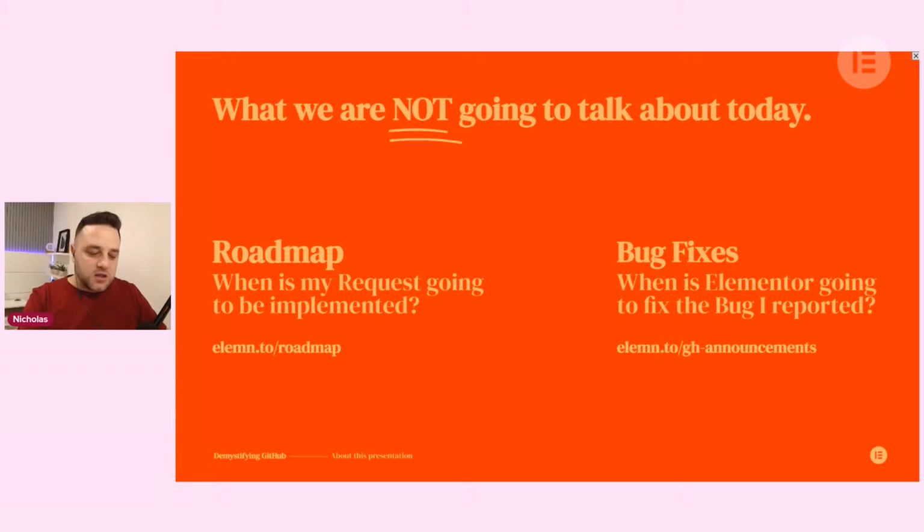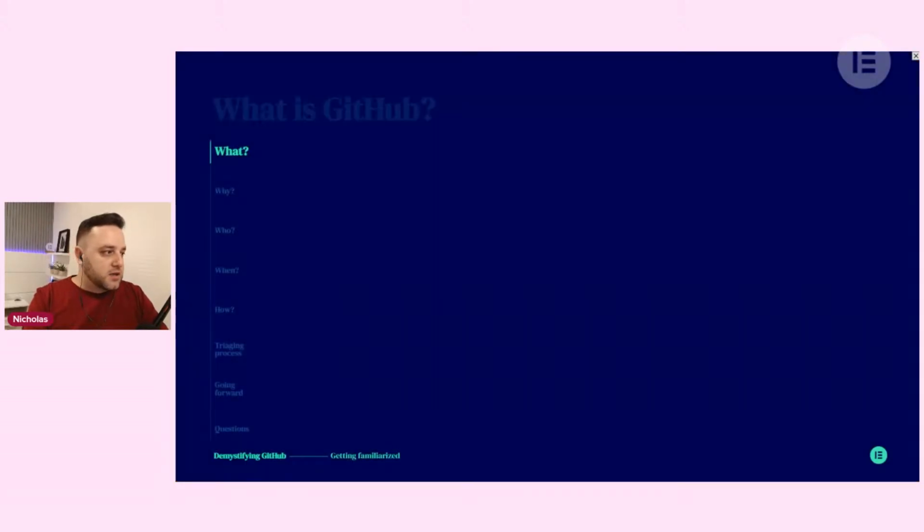On GitHub announcements, we usually talk about new bug fixes during our beta testing. So if you see a new announcement there, probably next week, that's the right place to ask about bug fixes and see what's going on.